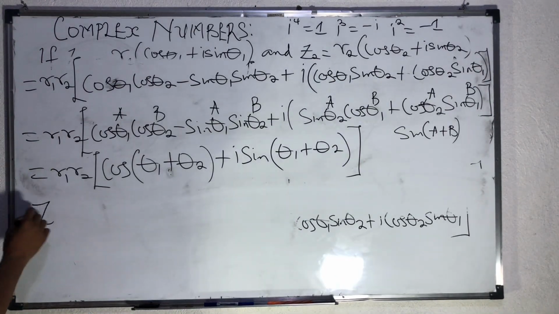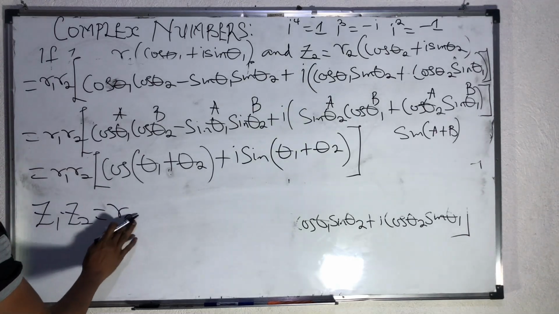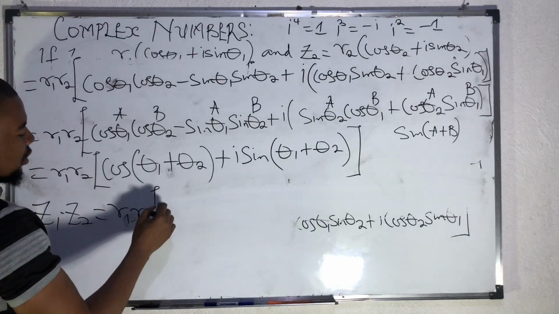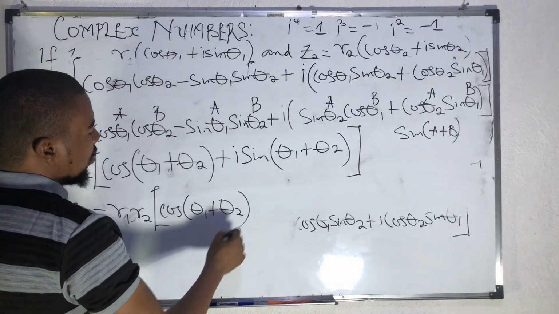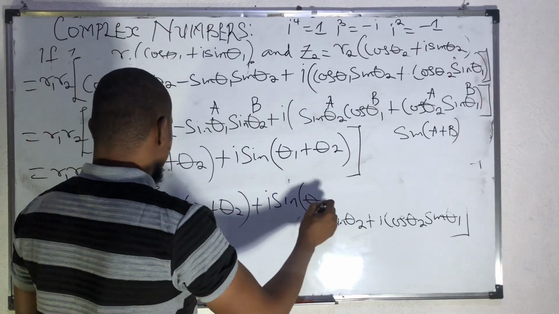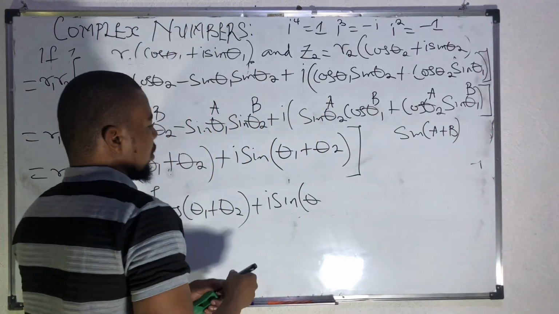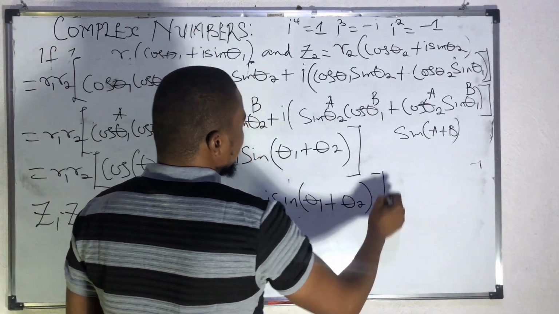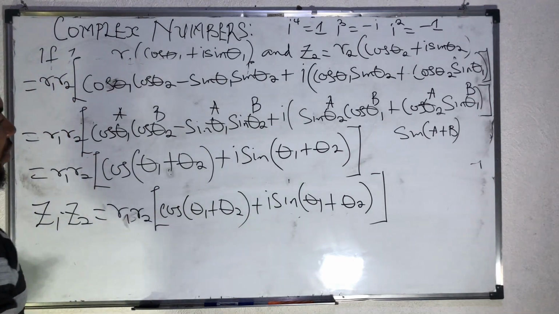We have Z1 times Z2 is equal to R1 R2 multiplied by cos(theta 1 plus theta 2) plus I sine(theta 1 plus theta 2). This is the formula for multiplying two complex numbers in their polar form.